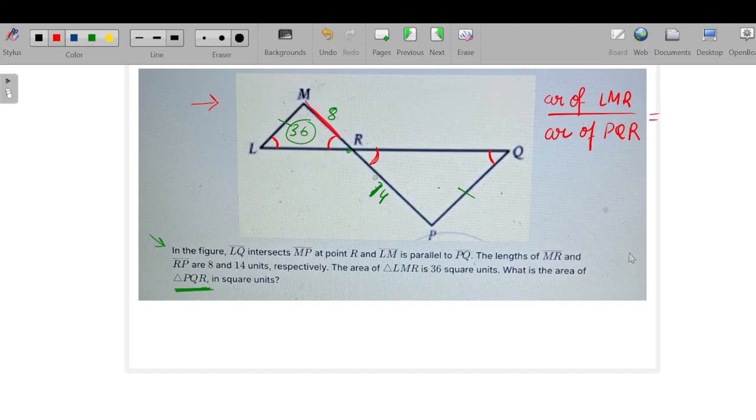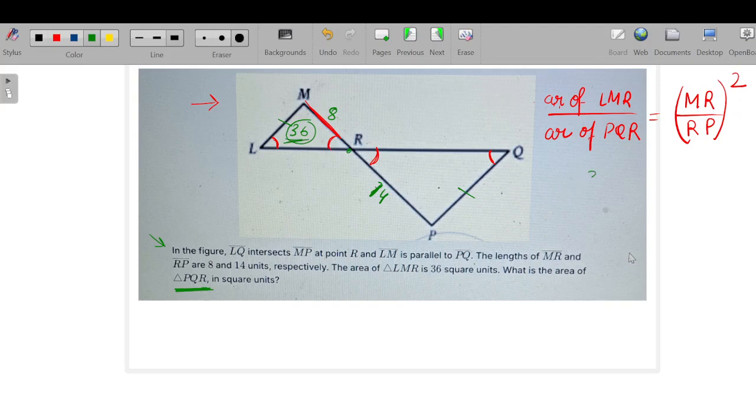I need only one side. So for LMR, I'll use MR as the side, and for triangle PQR, I am going to use RP as a side. It's a whole square because we are using area here. If we had been writing volume, then we would have written cube here. Remember the concept.